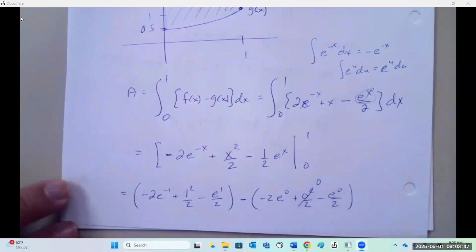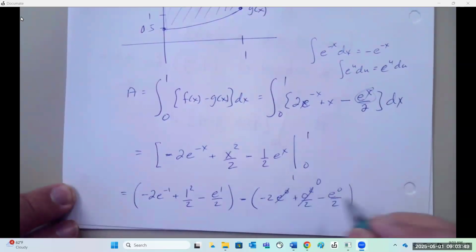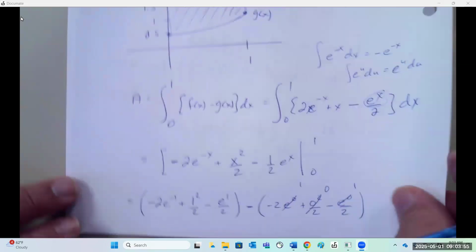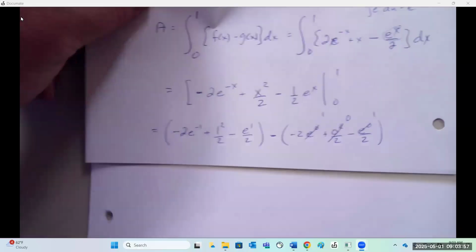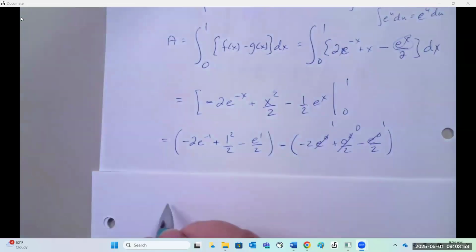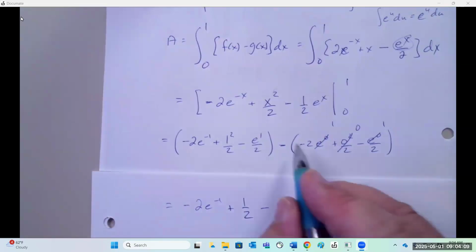That is 0. This becomes 1. That becomes 1. So our solution for this one is negative 2e to the power negative 1 plus 1/2 minus e over 2.